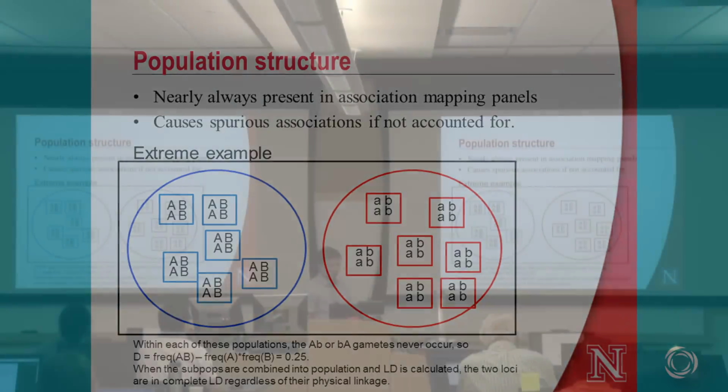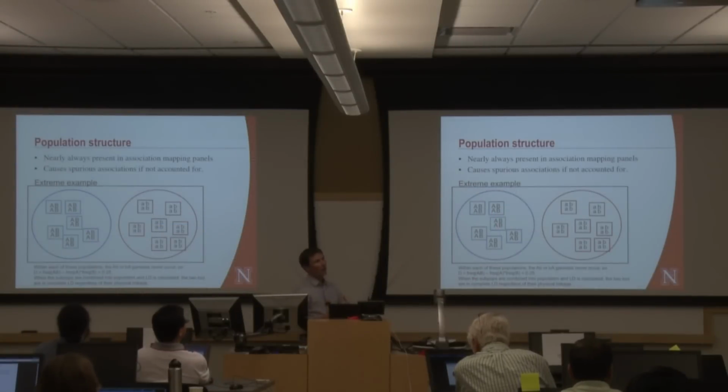And this is just a really simple example to give you a feeling for how population structure causes LD between loci that are not actually physically linked with one another. So let's say we have two populations, okay? A red population and a blue population. And in the blue population, all the alleles at the loci A and B, the big A and the big B alleles, are completely fixed.